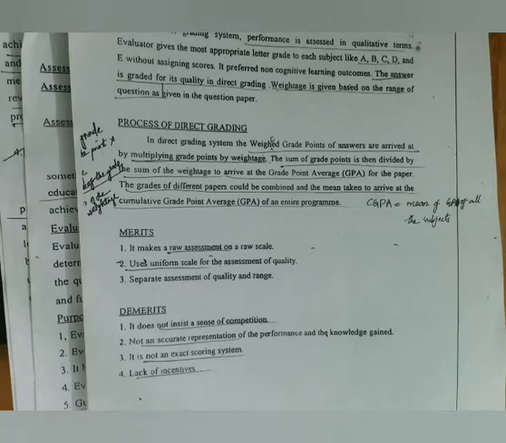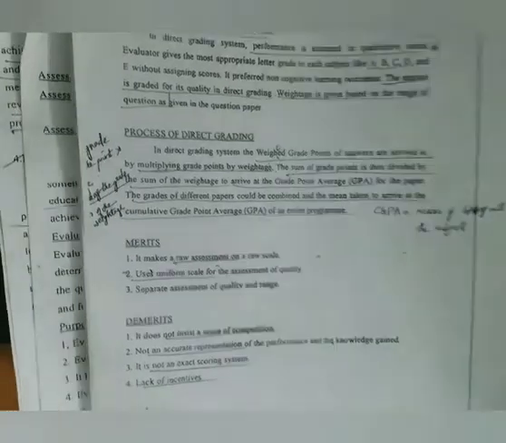The sum of the grade points is then divided by the sum of the weightage to arrive at the grade point average, that is GPA for the paper. The grades of different papers could be combined and the mean taken to arrive at the cumulative grade point average, that is CGPA of an entire program. So that is direct grading.